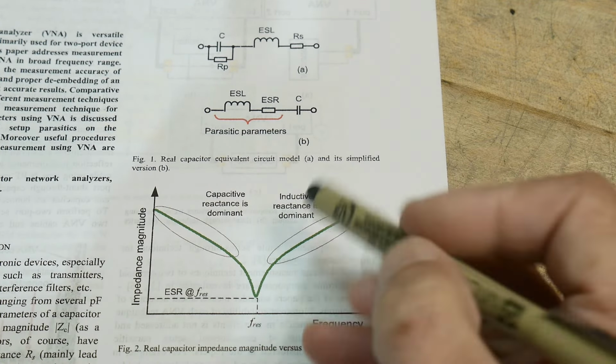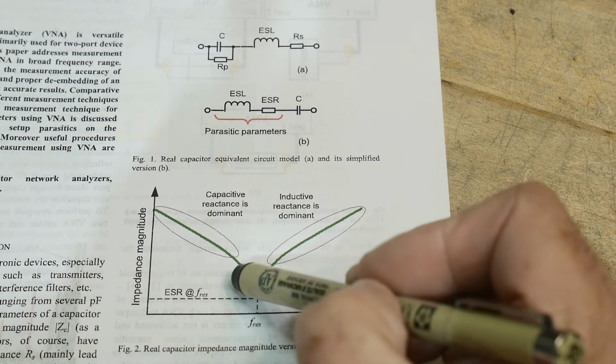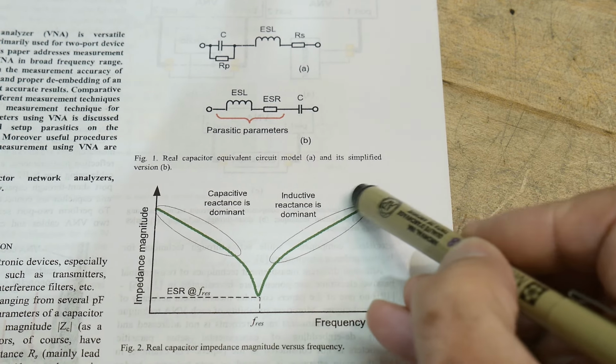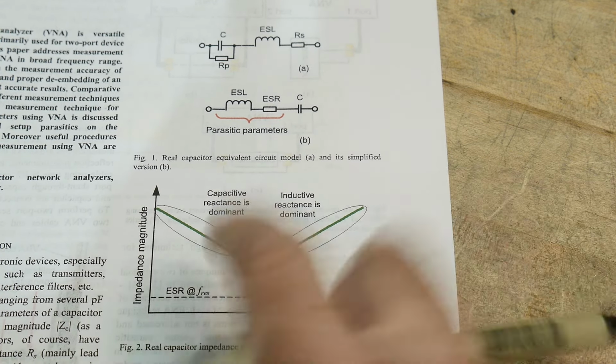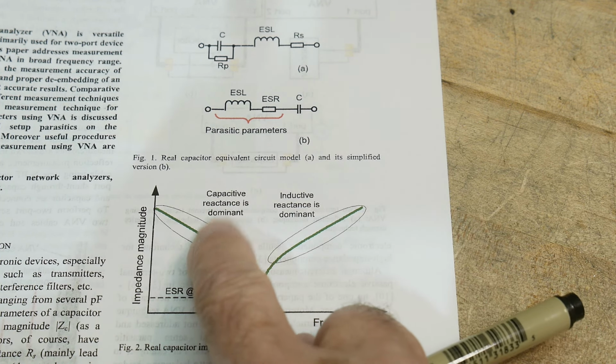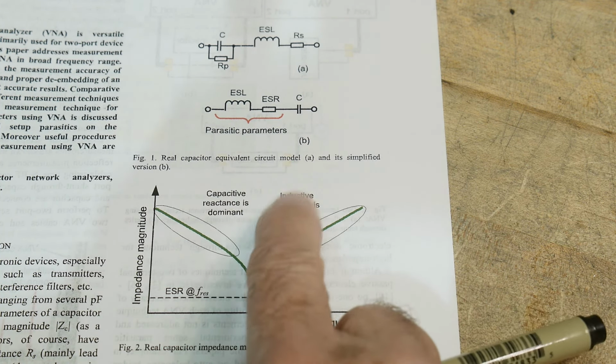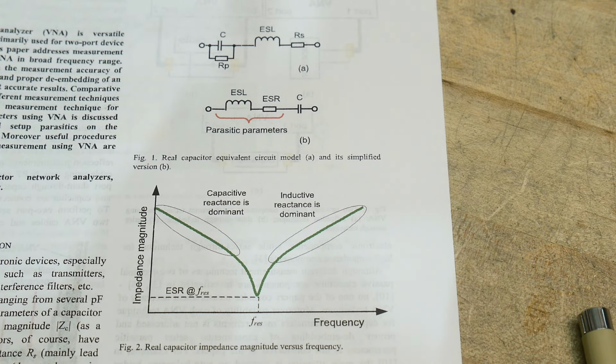So the capacitor's trying to do its job, but then the inductor gets in the way, right? So one of them is dominant. Either the capacitance is dominant or the inductance is dominant, okay?